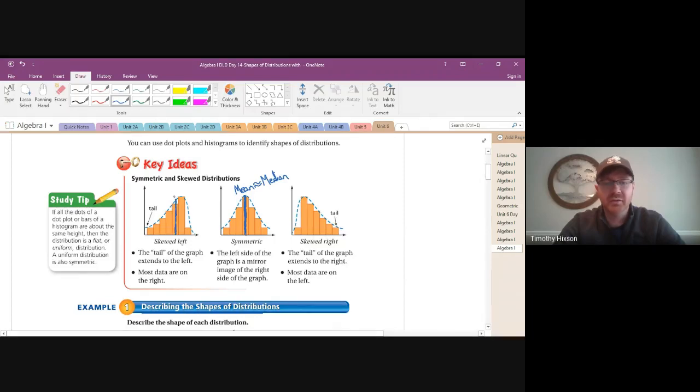So there would be our median. But the mean, because of these low values, this tail extending to the left, while most of the data is on the right, would get pulled over to the left to somewhere maybe around here. Yes, these high values do keep it up somewhat, but these exceptionally low values down here pull the mean to the left.